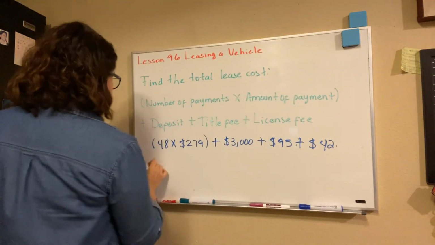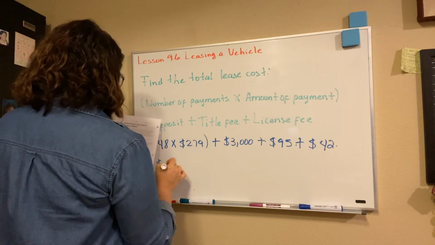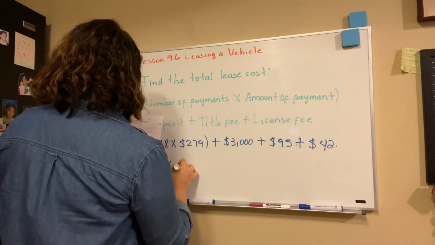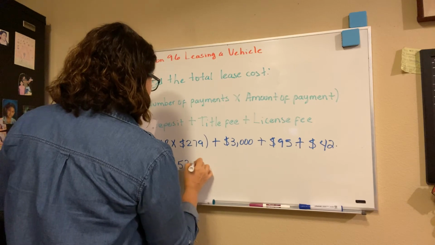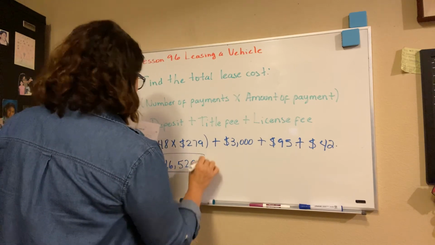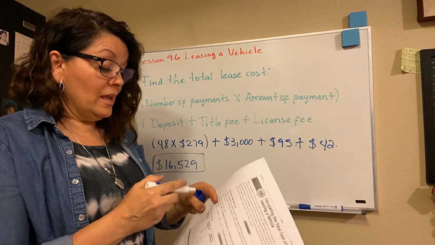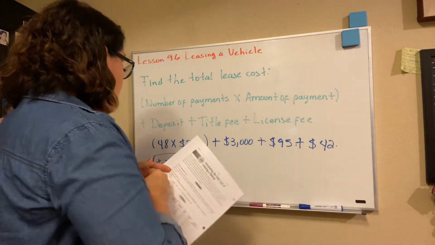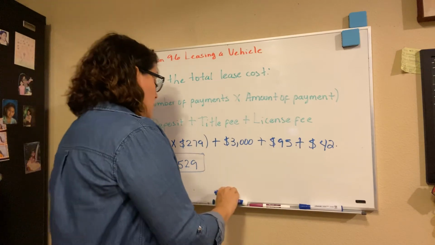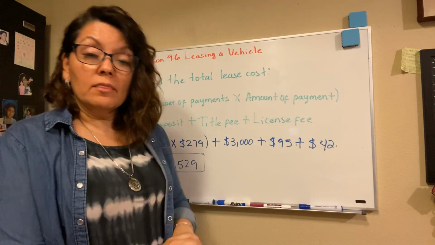So at the end, he paid $16,525. For how many years? For 2 years. It was 48 months. It was a lot of money. And at the end, he didn't get to keep the car.